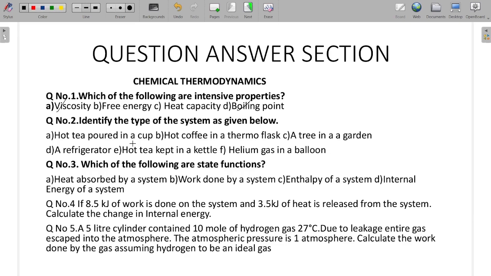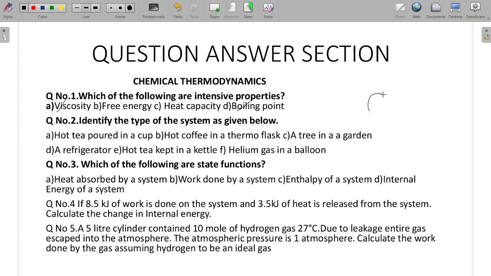In case of isolated system, no energy or matter cross through the boundary during the process. So that is called isolated system. But in case of open system, both matter and energy cross through the boundary.